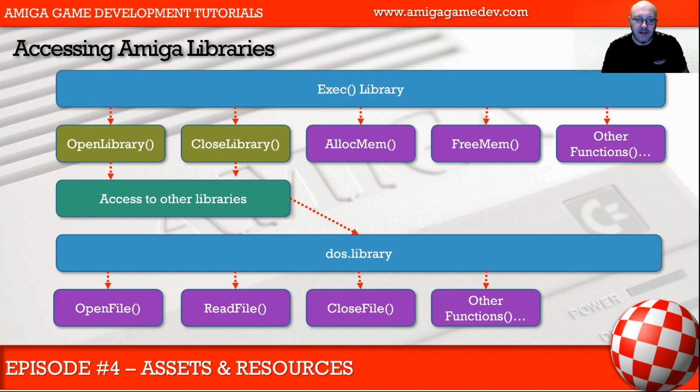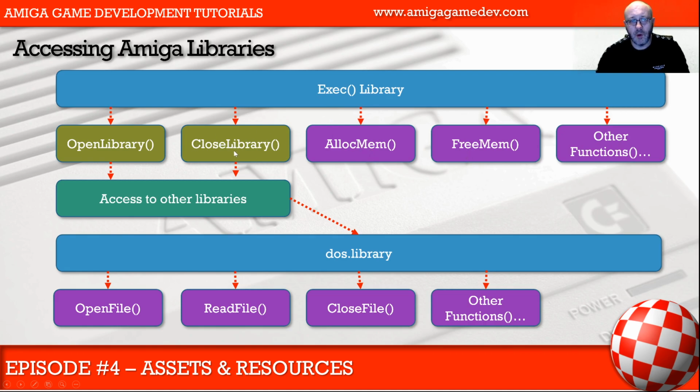It can't have every single library open straight away. Number one, that would take too much time, and another thing, it would suck up too much memory of the Amiga. So they made these libraries so that if you want to use them, you just call open library. Now, open library is part of the exec library, and so is close library.